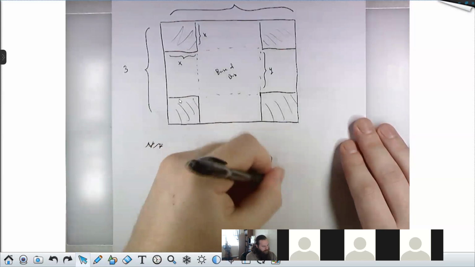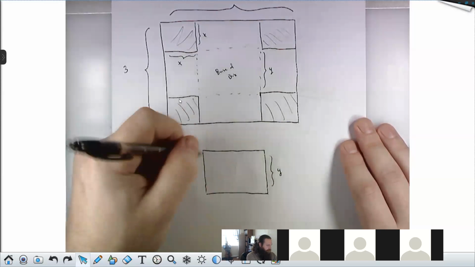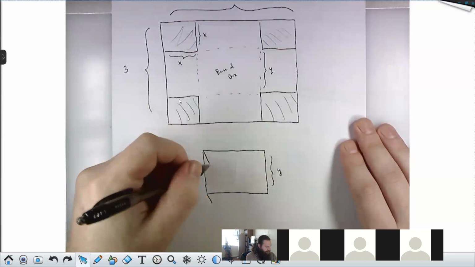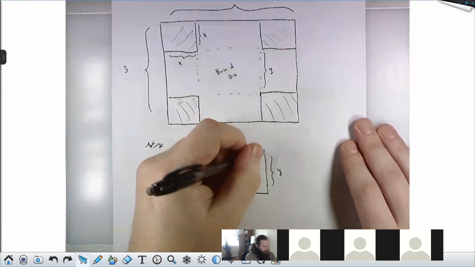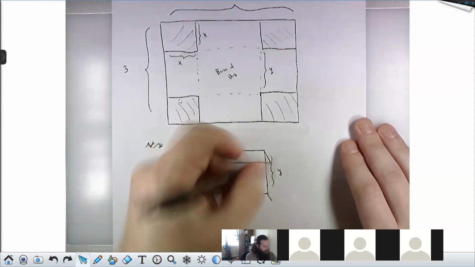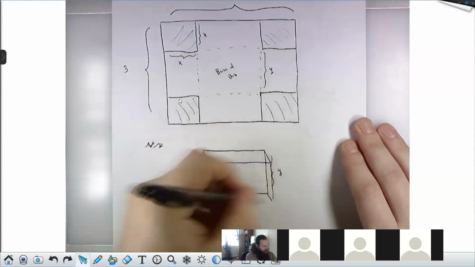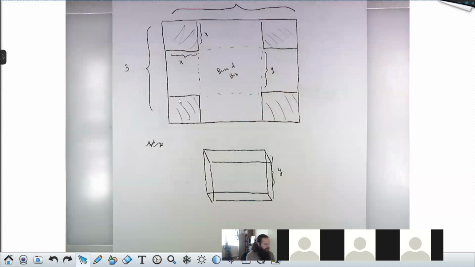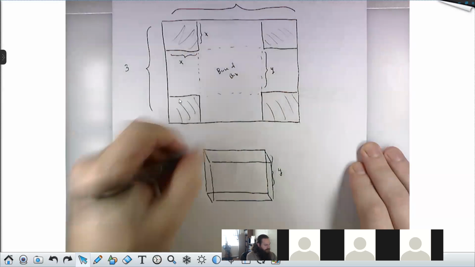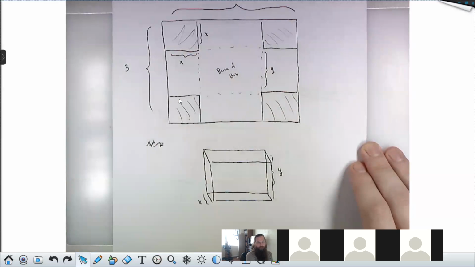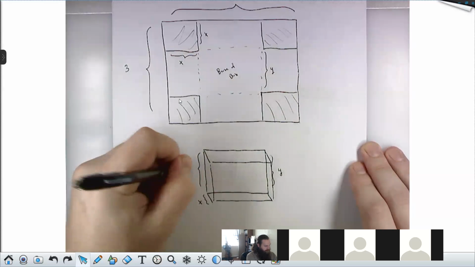Where this is still Y. And then my height, I'll try to draw like this, or whatever that dimension, whatever you want to call it, after I fold these in. So this dimension is still Y. This dimension right here is going to be X. So maybe I should have drawn that on this side. Yeah, this is Y.